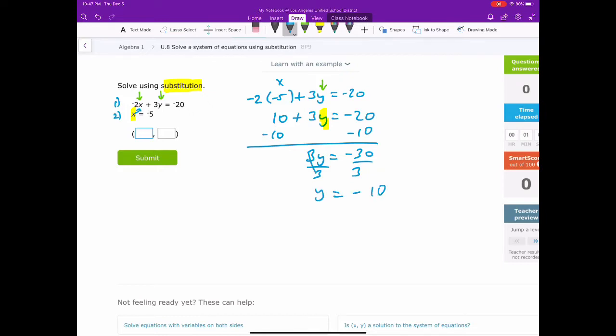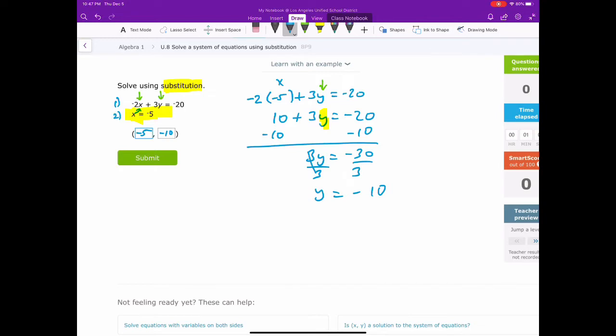Now if we know y is negative 10, what's x going to be? Wait, we already have what x is, right here. x is negative 5. That's it, and that's our point.